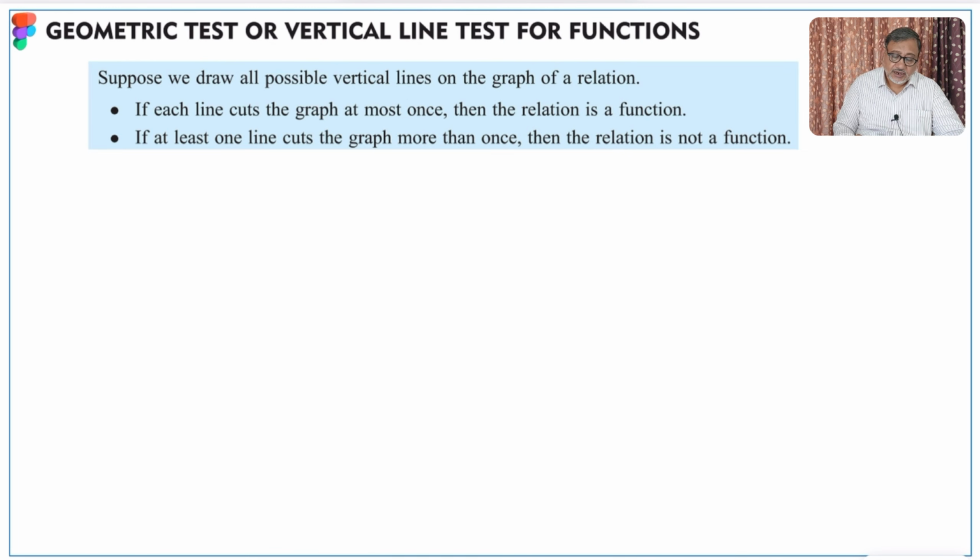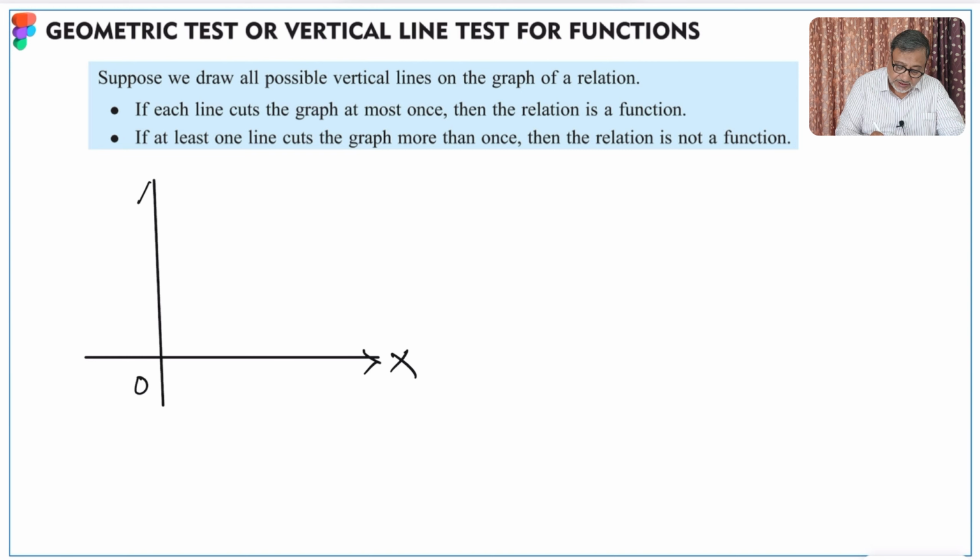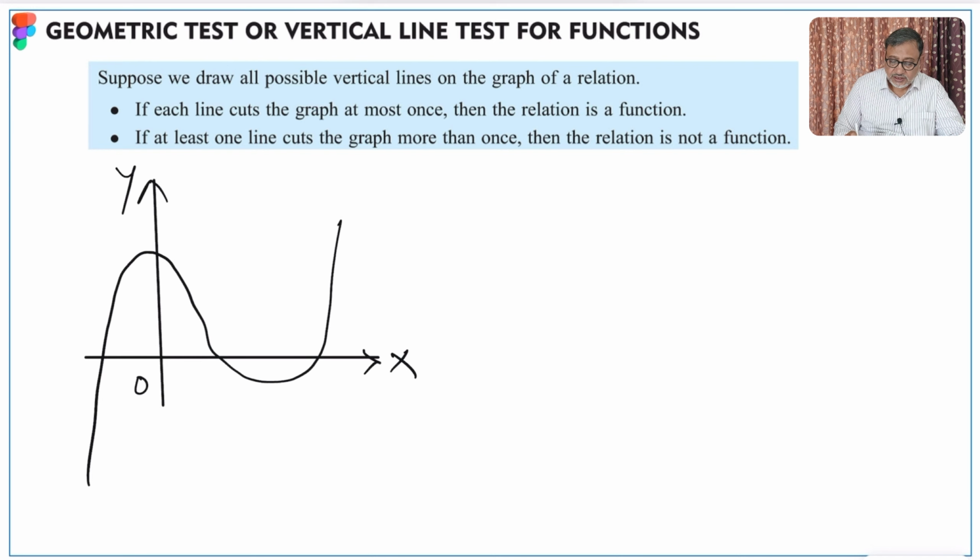Then geometrical test or vertical line test. Look here. Let me draw two graphs. X-axis, origin, y-axis. Suppose I have a graph like this. Now what is the vertical line test?